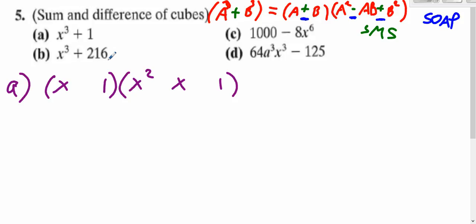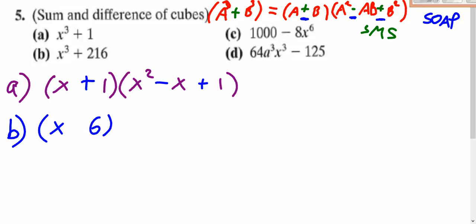So then you do the sign, or the signs using SOAP. It was a positive, so it's the same, it's opposite, and it's always positive. For B, we got to look at what's being cubed. First, it's an x. And then 216 is 6 cubed.